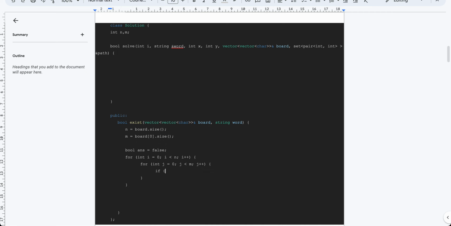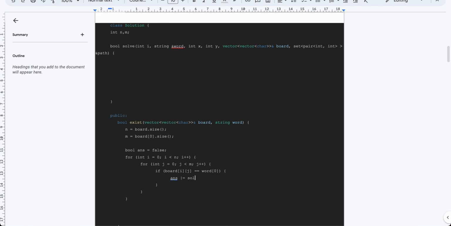So if board of ij is equal to word of 0, that means if this is equal, we can try the answer.